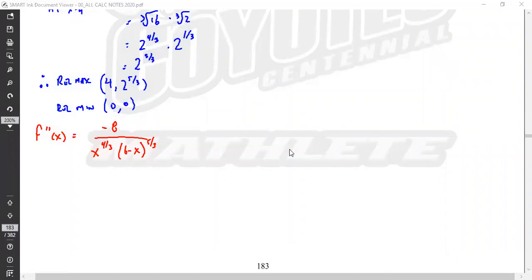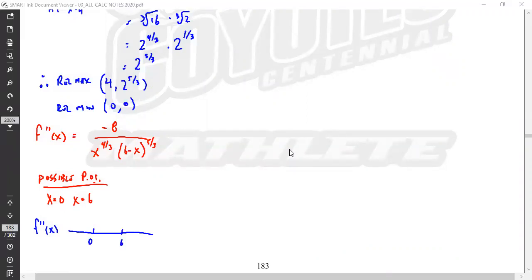We have possible points of inflection. Where? When x is 0, this is undefined. It's also undefined when x is 6. So we're going to look at those. We're going to look at f double prime. We have 0 and we have 6 as our possible points of inflection.